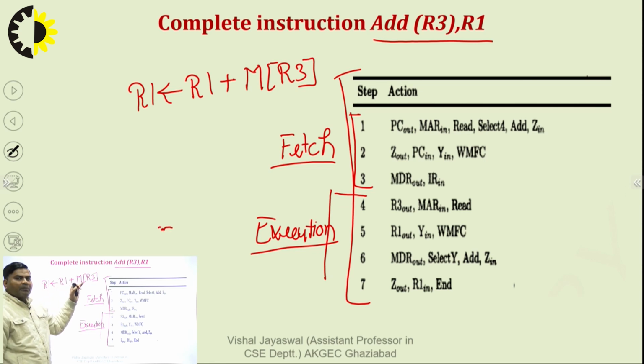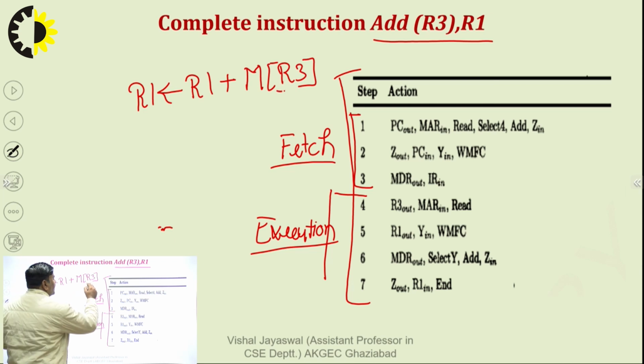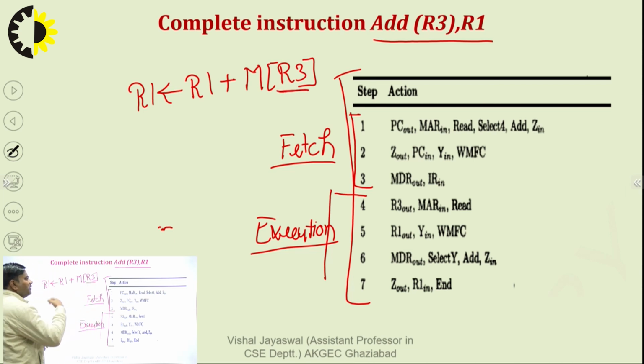R1 plus M of R3 means the content of R3 is the address of the main memory. We have to go into the main memory, fetch the content at the address corresponding to R3, take it onto the processor and add it into the R1 register. Then the result is placed in the R1 register.